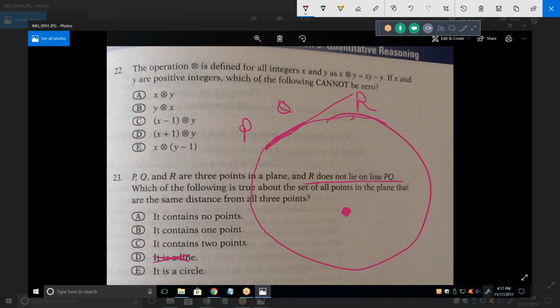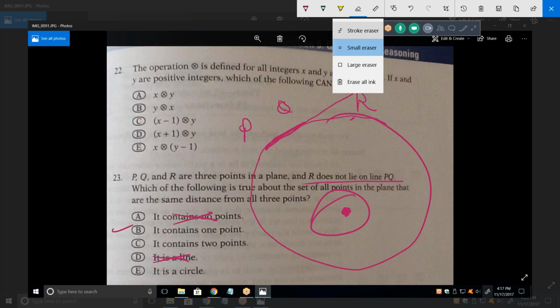It contains no points. Well, it's not that either, because I already found a point. It contains 1 point. That's problematic, because can I think of any other point? And if I can't, then it only contains 1 point.